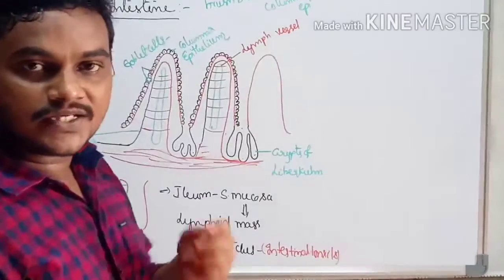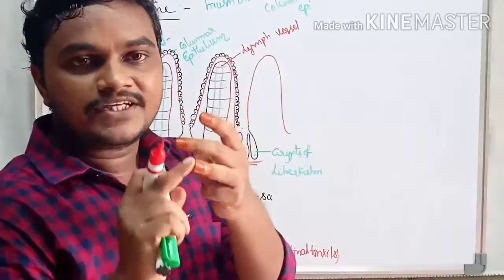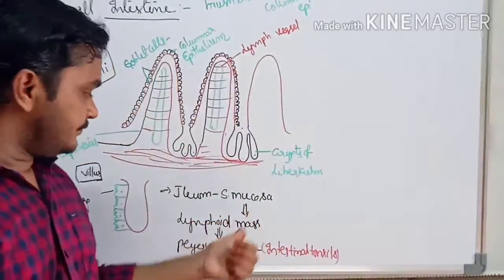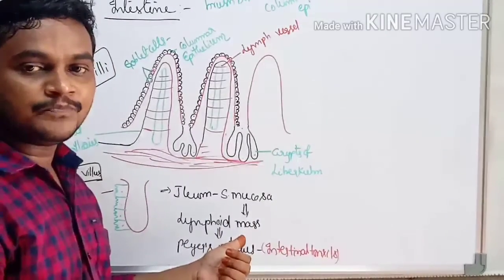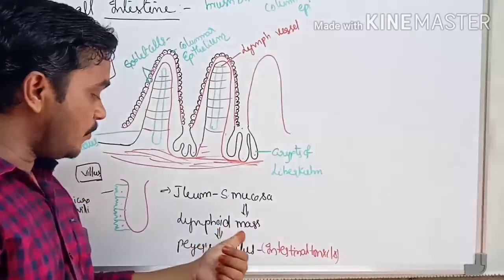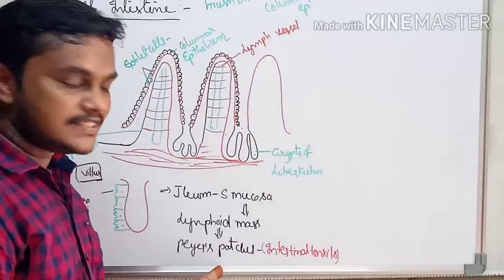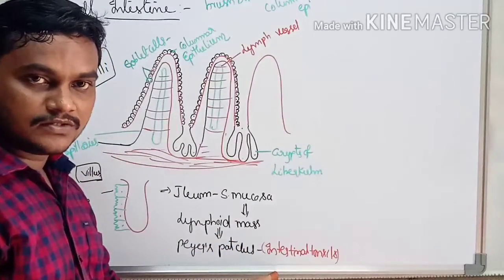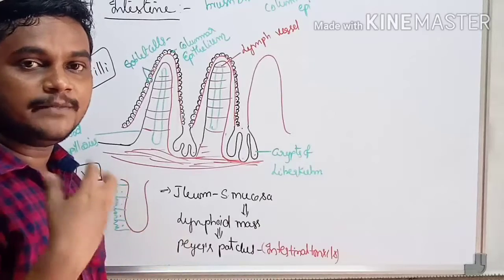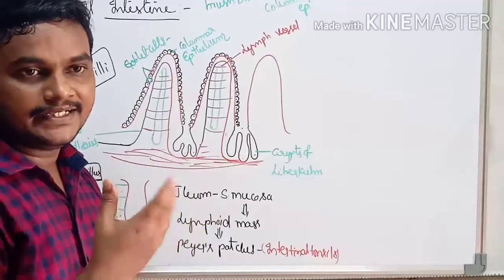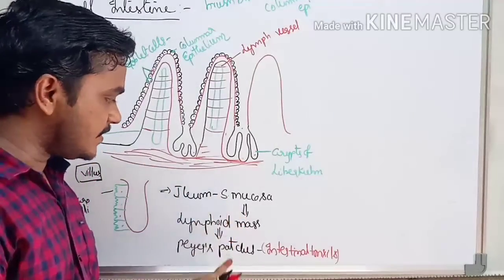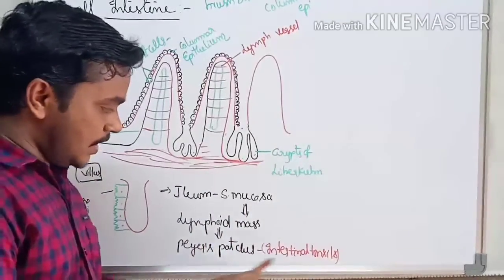The small intestine has three parts, and the ileum region consists of some lymphoid mass. The lymphoid mass's purpose is a defense mechanism. Peyer's patches, also called intestinal tonsils, are helpful for the maturation of B lymphocytes. B lymphocytes are useful for the defense mechanism. That is our intestinal tonsils.